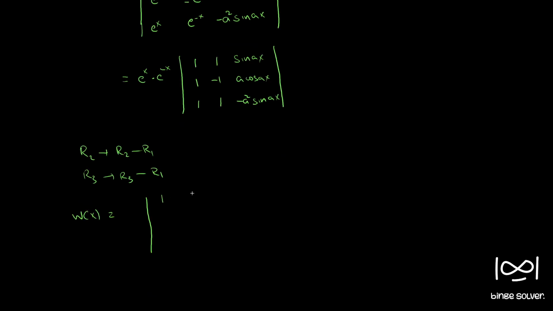R1 remains the same: 1, 1, sin ax. Now this becomes 0, this becomes 0, minus 1 minus 1 is minus 2, and 1 minus 1 is 0.